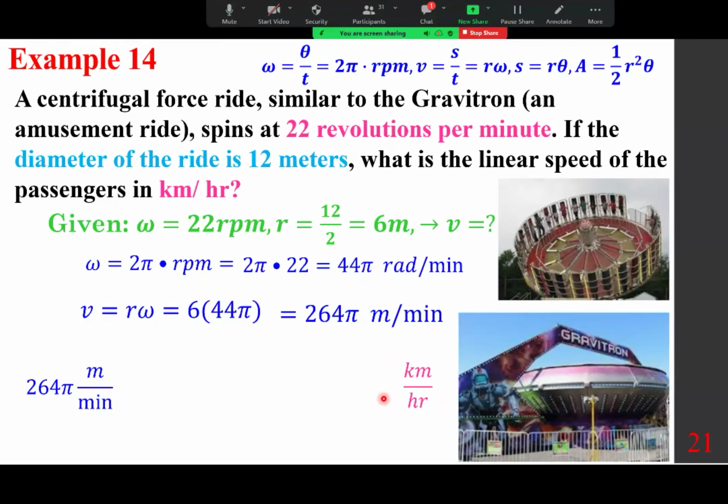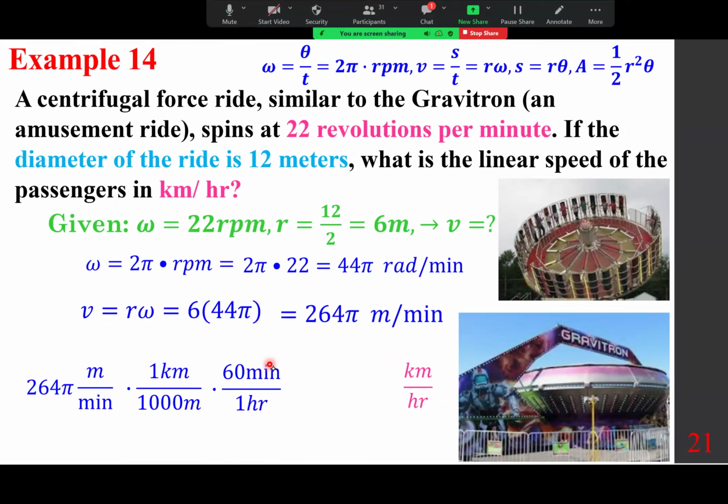You want to change the units. Meters, to change it to kilometers, 1 kilometer is 1,000 meters. Minutes, 1 hour is 60 minutes.